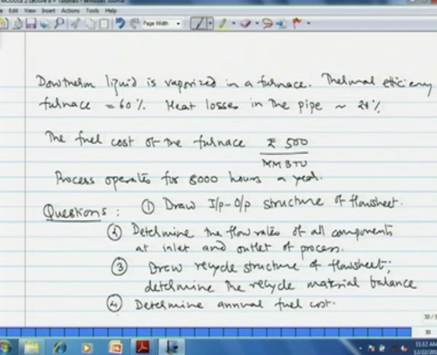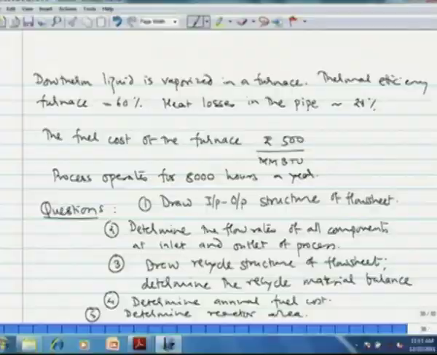And finally, determine the area for the reactor. I told you that the reactor in the present case is in the form of a shell and tube heat exchanger. So, we have to determine the area of this heat exchanger. Let us start dealing with these questions one by one.